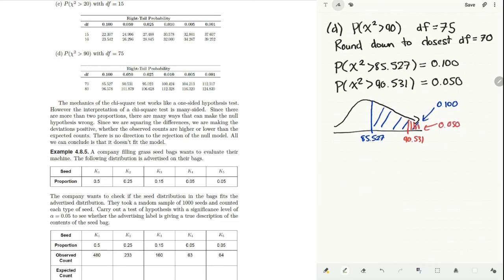And what we want to look for is the area to the right of 90. This tells us that the area to the right of 90 will be larger than 0.05, but smaller than 0.1. So it will be between 0.05 and 0.1.